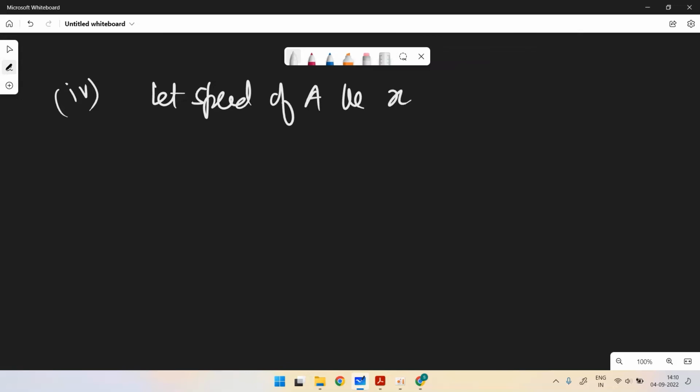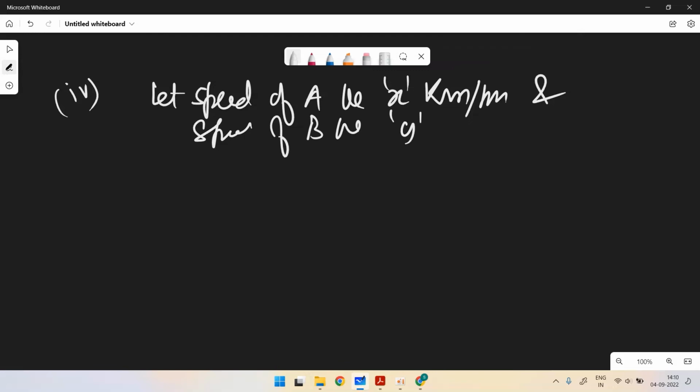First I write: let the speed of A be x kilometers per hour and the speed of B be y kilometers per hour. So diagram number one is as per the condition.